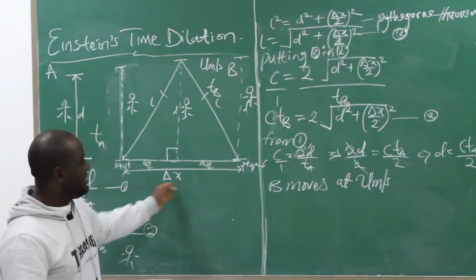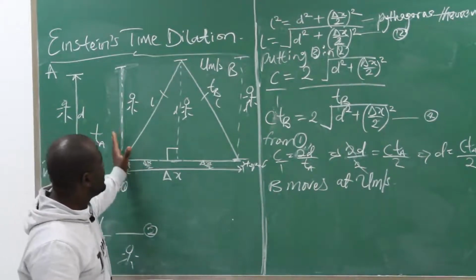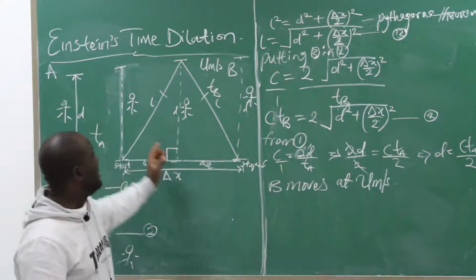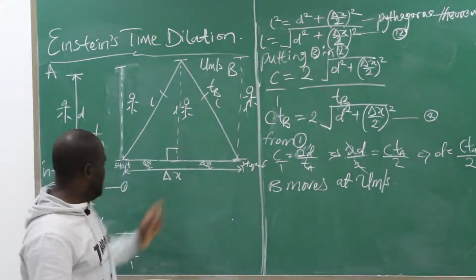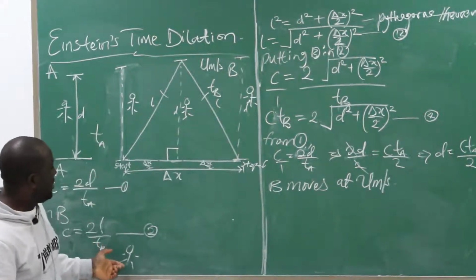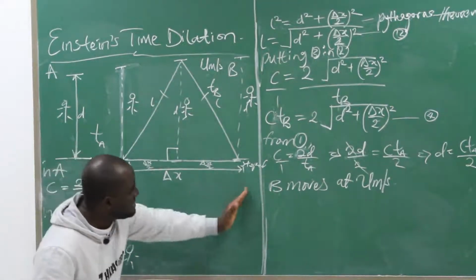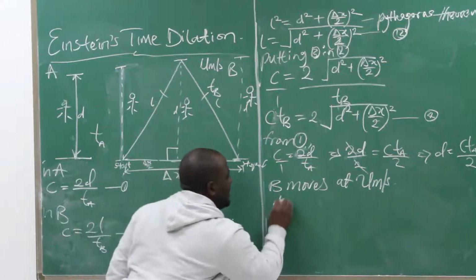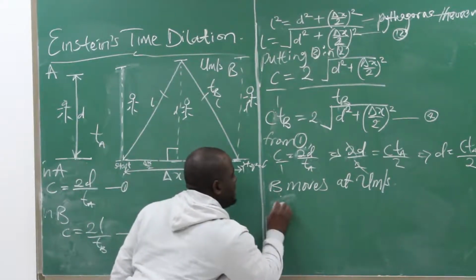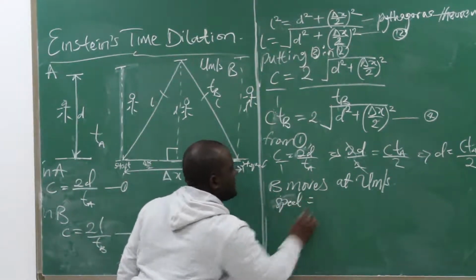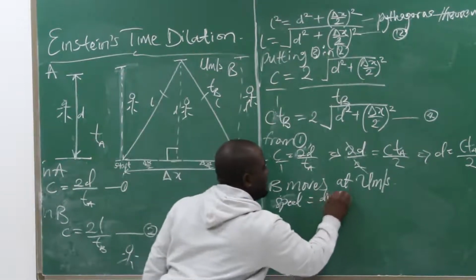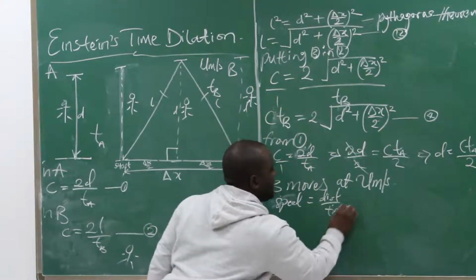We are trying to find, if this car moves U meters per second, and under this time t, which he observed this event to take place, what will be the distance it has moved? We know that speed is equal to distance over time.